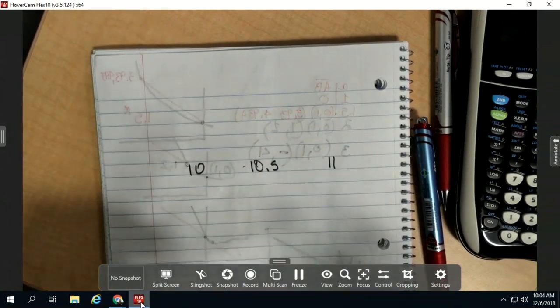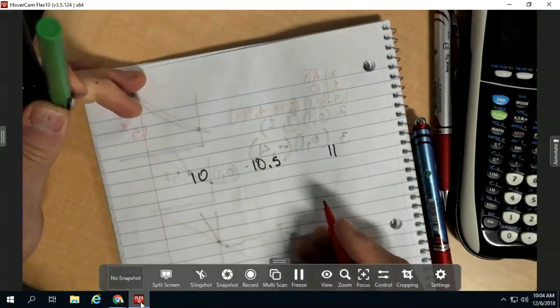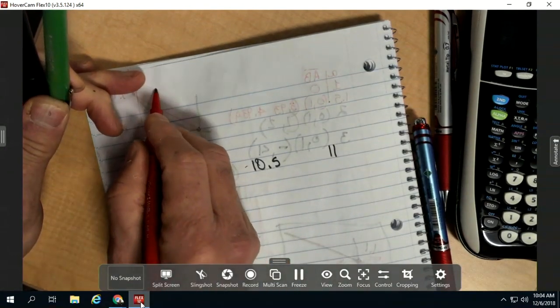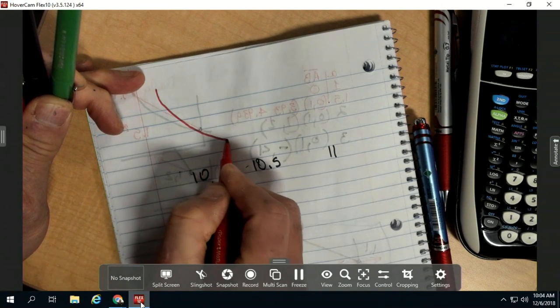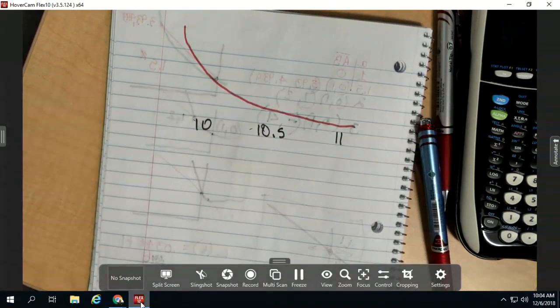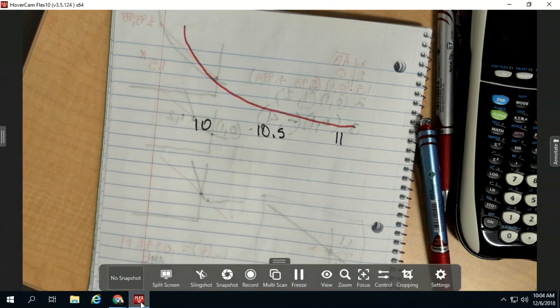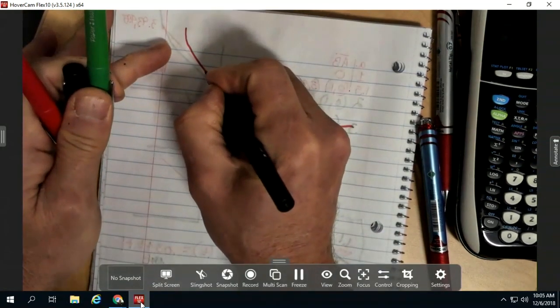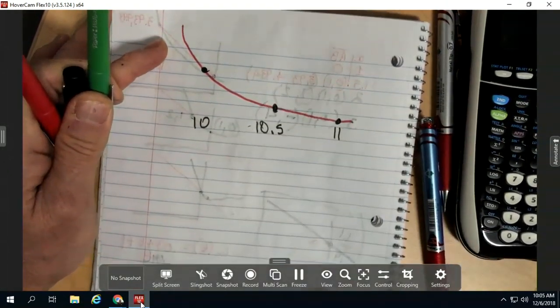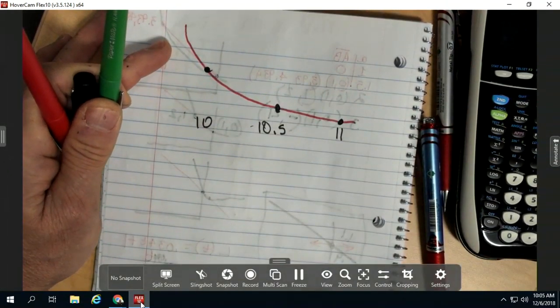My graph, I'm going to do it not to scale, just so that you can see. I'm doing it so that it's a really big exponential curve. Here is the value at 10. Here is the value at 11. Here is the value at 10.5.